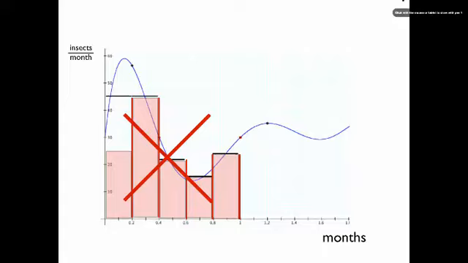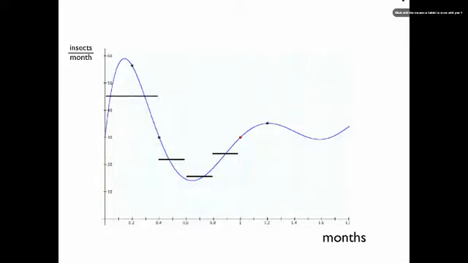It doesn't have anything to do with area. So we're not forming rectangles. We are trying to recreate the rate function with constant rates. So there are no vertical lines, no rectangles. We're trying to do our best to mimic this rate function with constant rates.